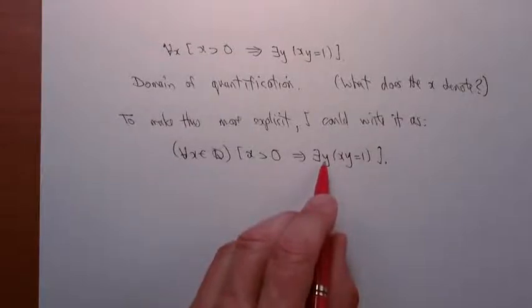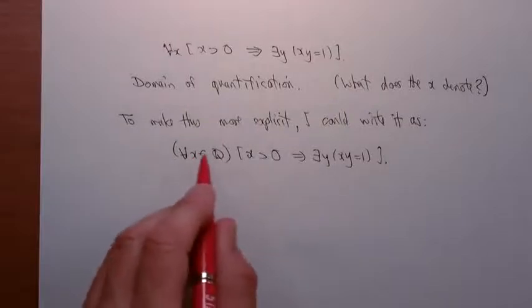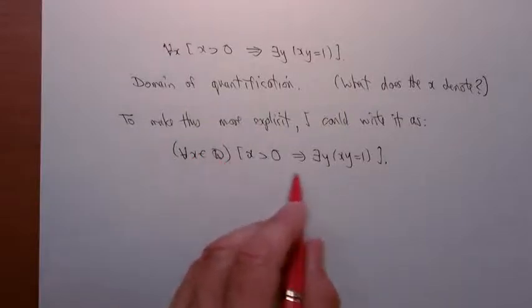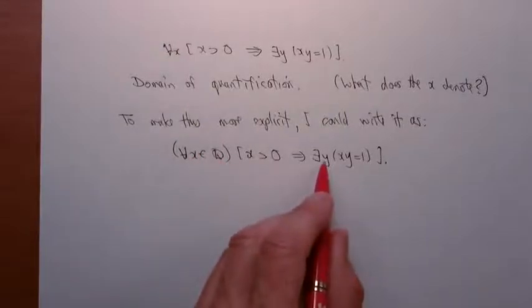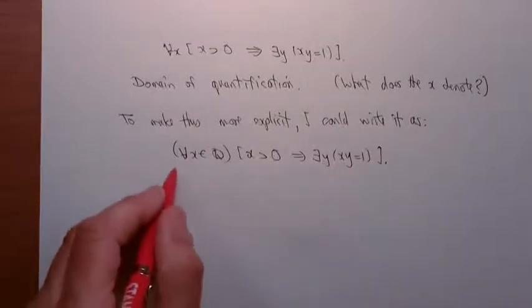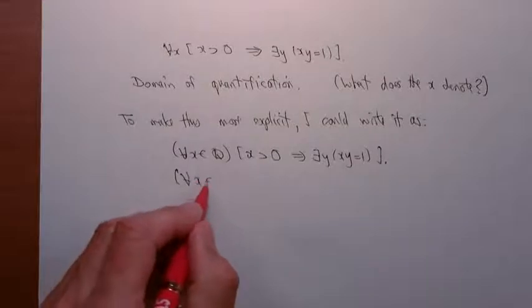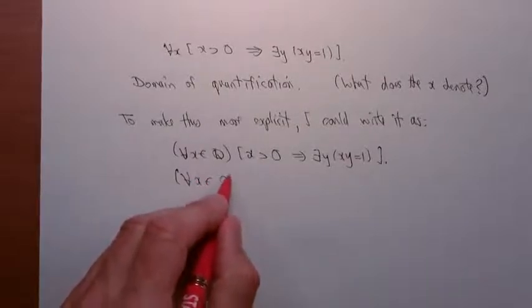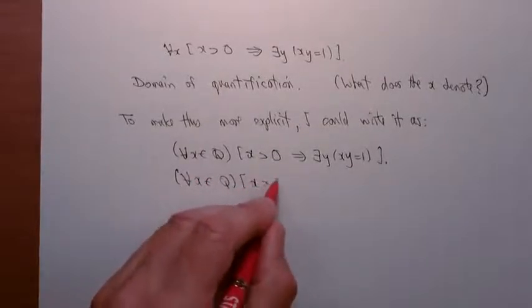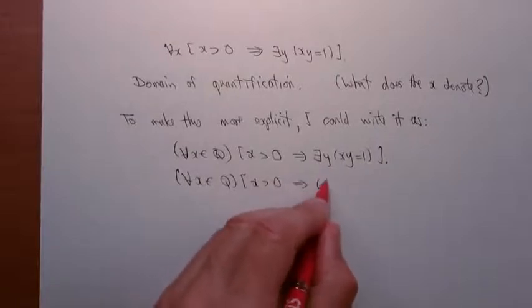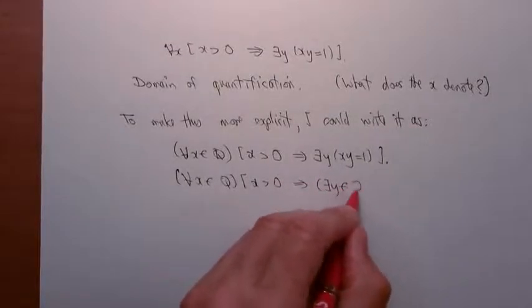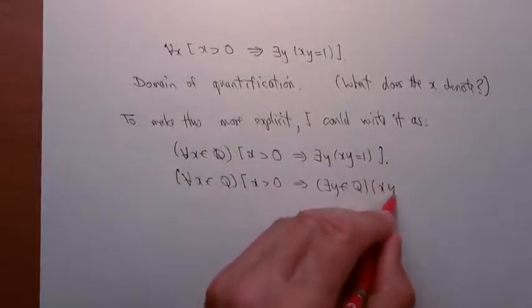Now, arguably, having made it clear that the x denotes a rational, it's reasonable to assume that the y denotes a rational. But if I want to, I could be even more explicit and say for all x in Q, if x is greater than 0, then there is a y in Q such that xy equals 1.